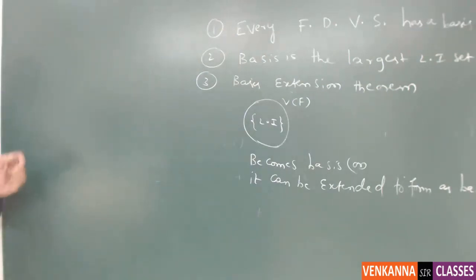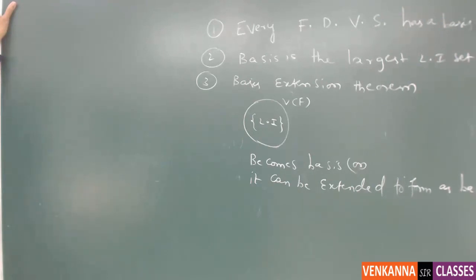What is meant by extending a set? Very simple. Let me say my set contains 3 vectors. It is not a basis, but I know that the set is linearly independent. Now for my set having 3 vectors, I will add some more vectors, 4 vectors or 5 vectors. By adding additional vectors to it, I can make it a basis.